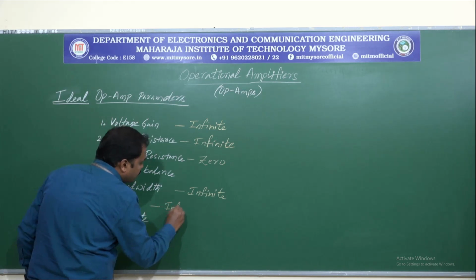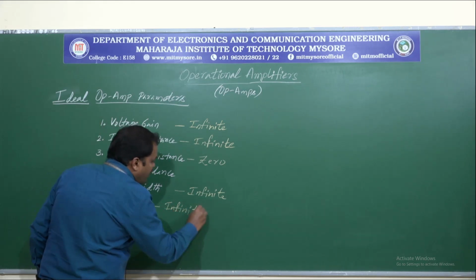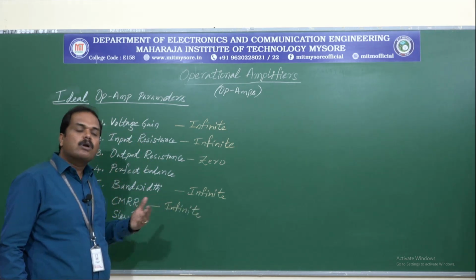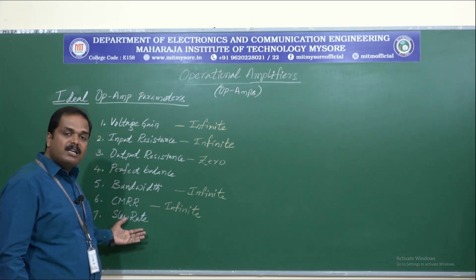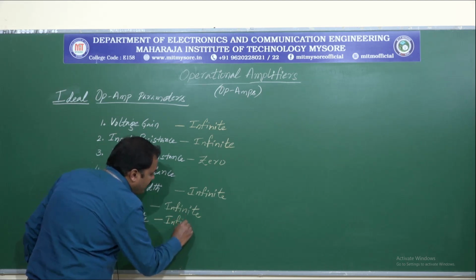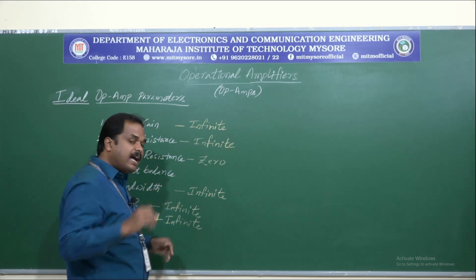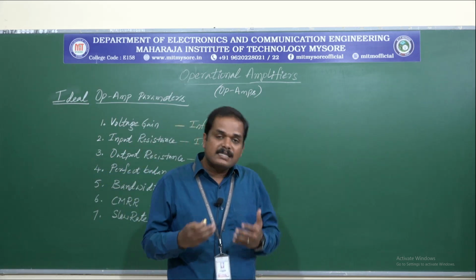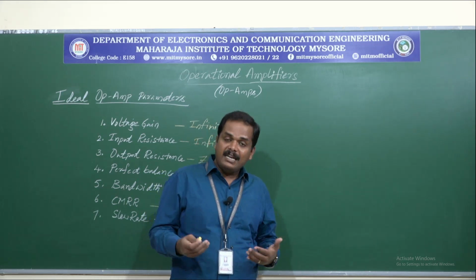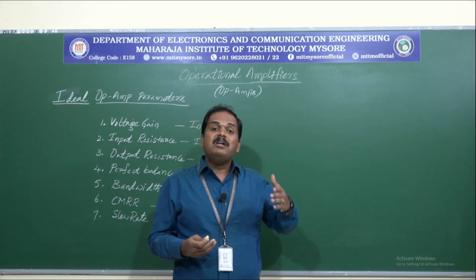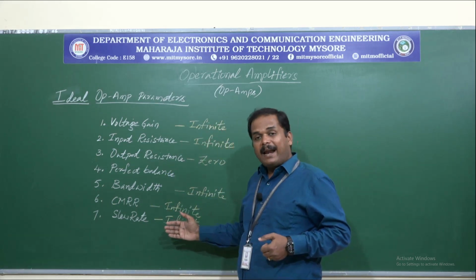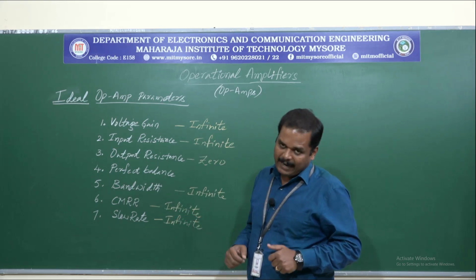CMRR is also infinite, which indicates that the op amp ideally rejects any common mode signal. And the next parameter is slew rate. Slew rate is also infinite for an ideal op amp, which indicates that ideally the op amp can sense the changes happening on the input signals instantaneously and cause an immediate change on the output signal. So these are some of the parameters we have for an ideal op amp.